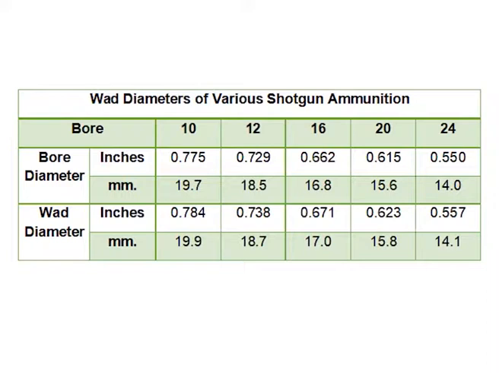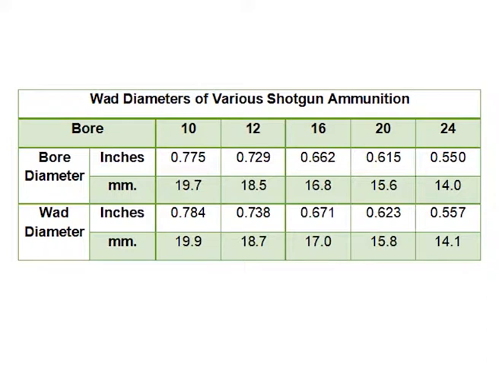For bore 16, the bore diameter is 0.662 inches, while 16.8 millimeters, and the wad diameter is 0.671 inches, while 17 millimeters.